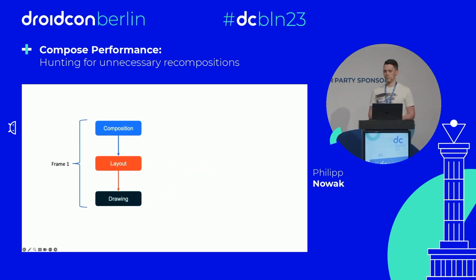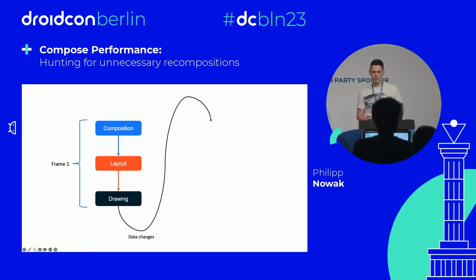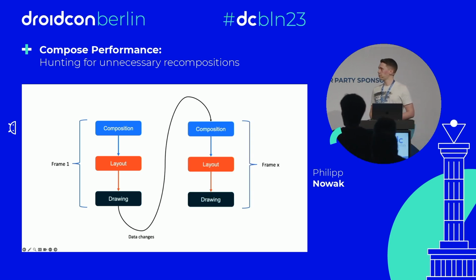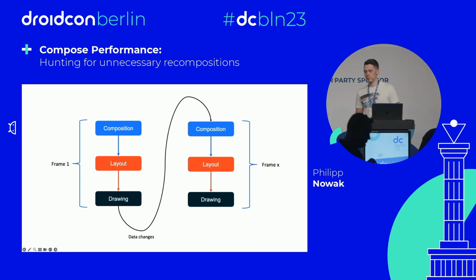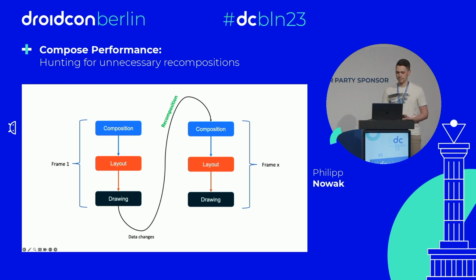That means when we have some data which is displayed as part of a composable function, and the shown data changes, Compose might start from the beginning and again execute composition, layout, and drawing phase. This process, and especially re-executing the composition phase again, is then called recomposition.